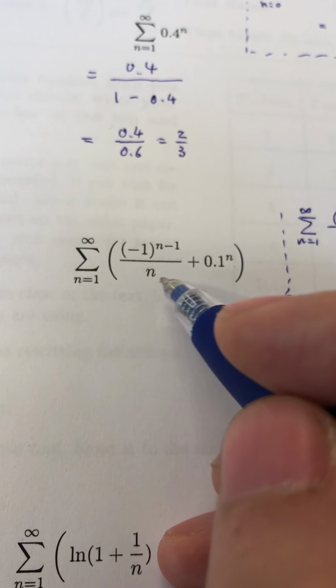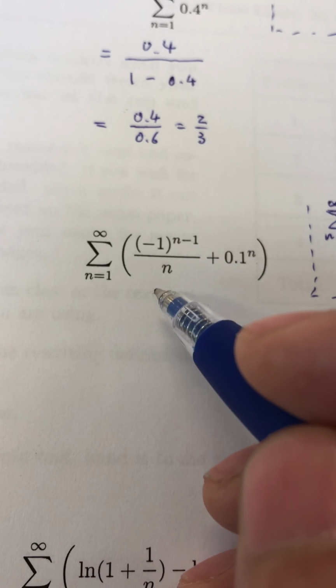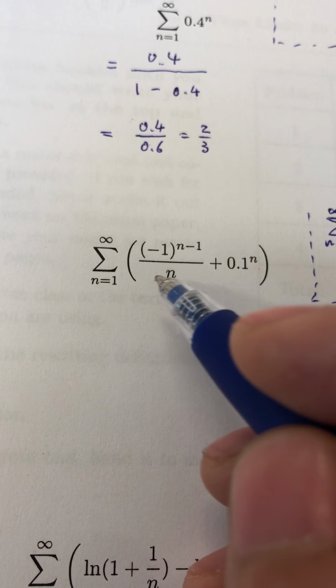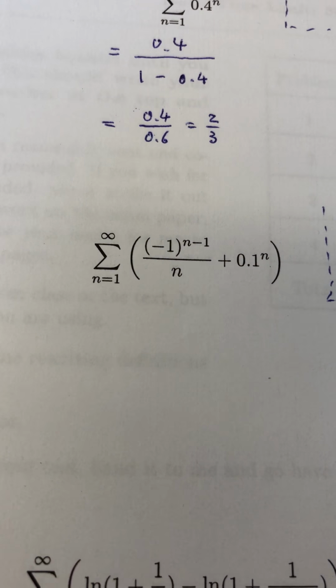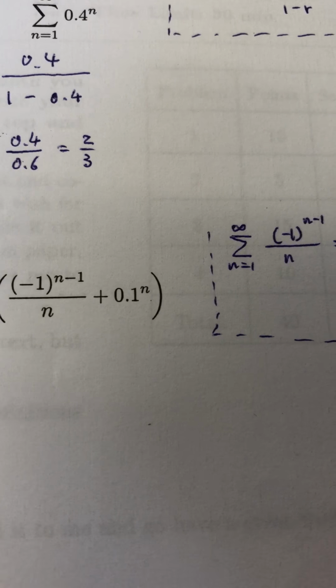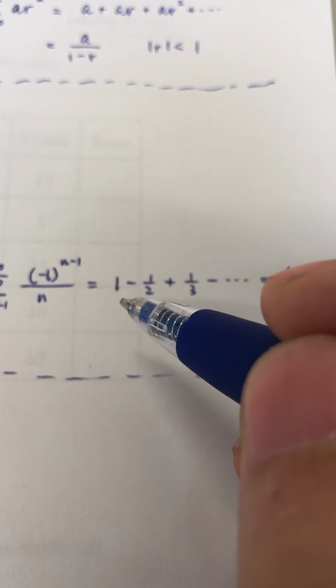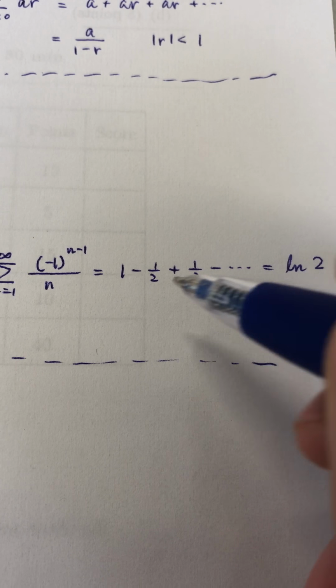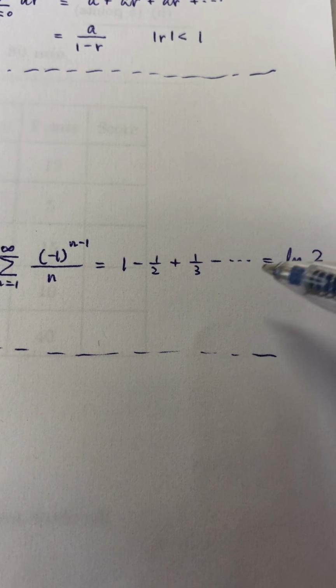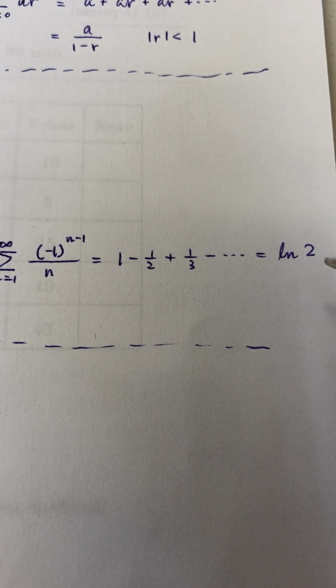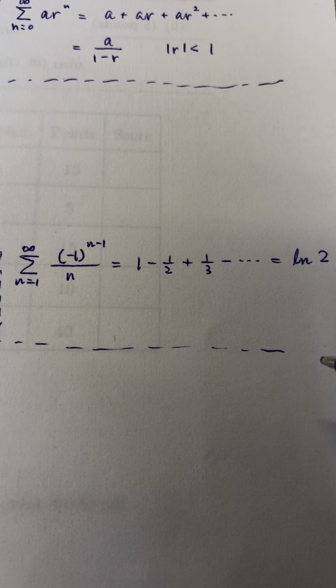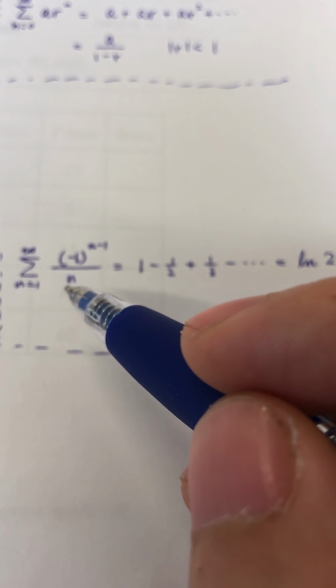Now what is this? You can try to write a few terms in the series, and you'll realize that it is the alternating harmonic series. And we know that this is equal to log of 2. Okay?